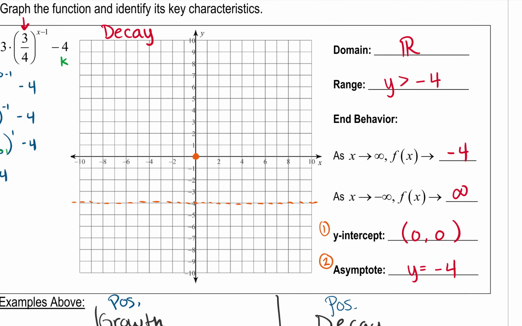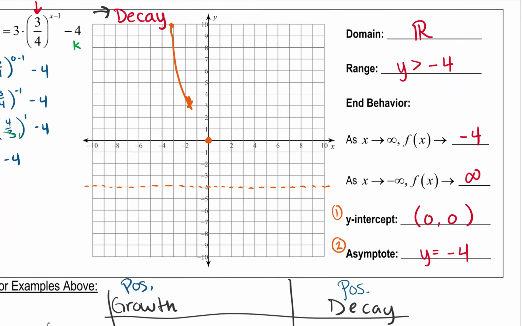And now I can do my growth or decay. Well, we already said that it was decay, right? So decay, and it's positive decay. So I just have to start somewhere at the top up here, and I go down through this point, my y-intercept, and then I kind of level off right above my asymptote.